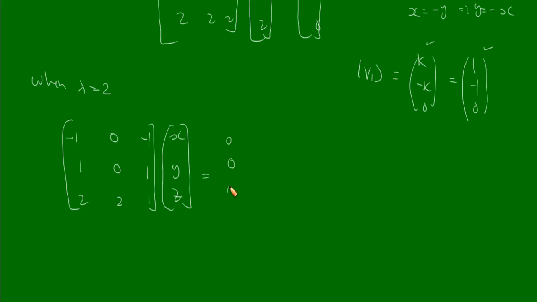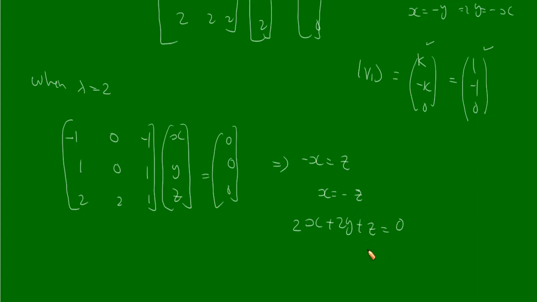Now if I expand this, then the first equation we get is minus x minus z is equal to 0, or minus x is equal to z. Then second equation will be x plus 0, x plus z is equal to 0, or again x is equal to minus z. And the third equation will be 2x plus 2y plus z is equal to 0, and x is equal to minus z.